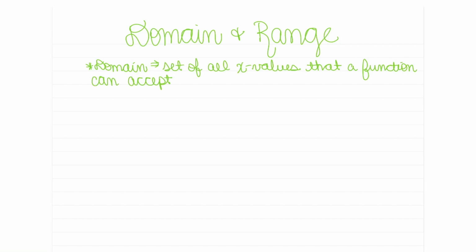So the domain is the set of all x values that a function can accept. For instance, let's think of this in a real life example. We can have two different variables, say a height and a weight and an age.